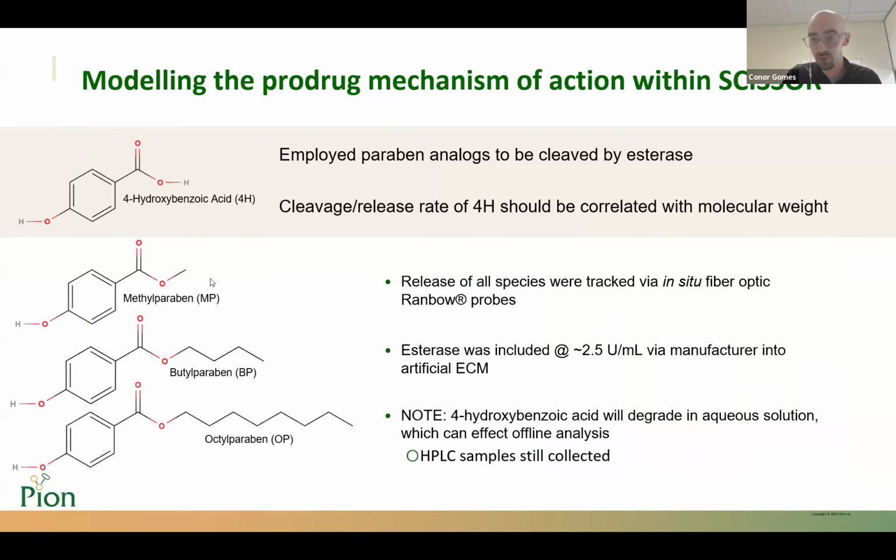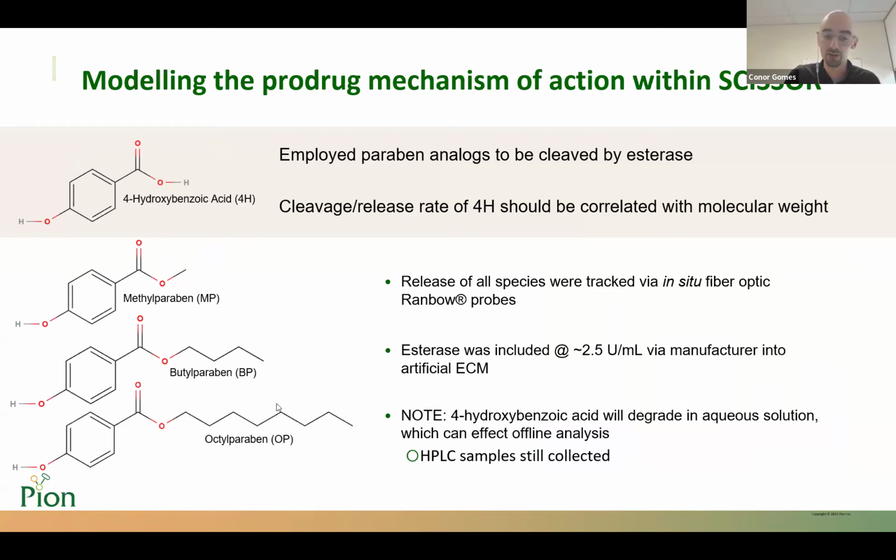So all we did in order to probe that was we increased the chain length found off of these esters, off of these parabens. And the molecule we're looking for, again, is 4-hydroxybenzoic acid. These paraben esters, methylparaben, butylparaben, and octoparaben, will all be cleaved off. Those carbon chains will be cleaved off. And hopefully we get to see release of multiple species.